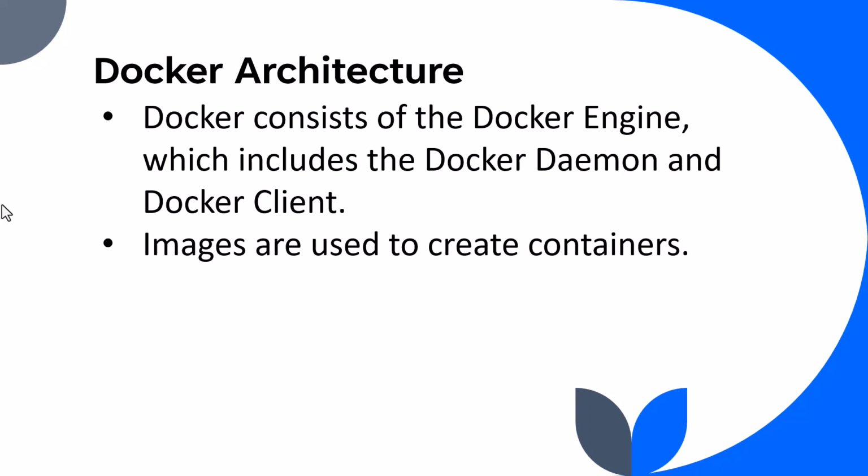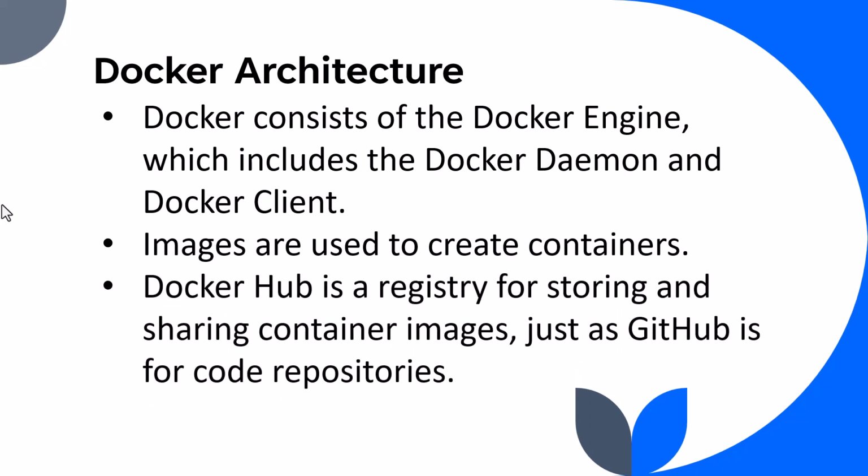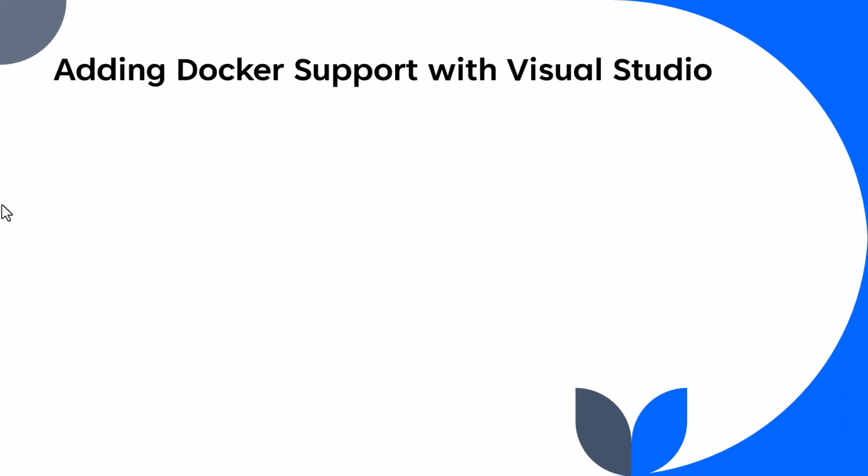So images can be equated with types or classes, whereas containers are the objects created out of those types or classes. And Docker Hub is a registry for storing and sharing container images, just as GitHub is for code repositories.